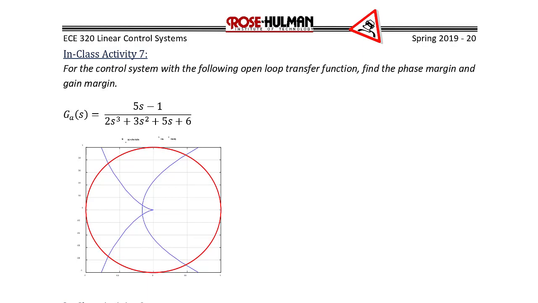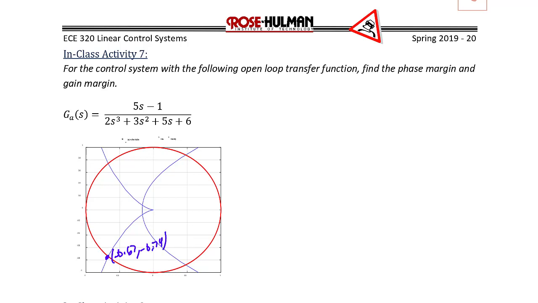In class activity 7, for the control system with the following open loop transfer function, find the phase margin and the gain margin. Let's do the phase margin first. So we see here that our Nyquist diagram intersects our unit circle at this point right here. And we would say that that intersects at the point negative 0.67 and negative 0.74.